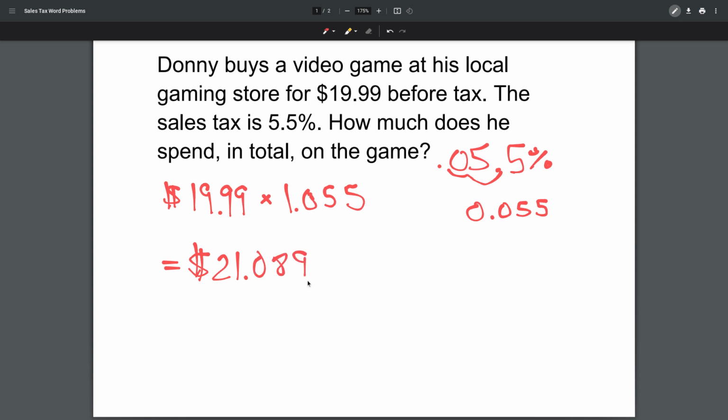And actually we have more digits after that, but I really don't need anything after the thousandths place because we're only going to round to the nearest penny, which is here. So I only need the number after it. Since this number is a 9, it's greater than or equal to 5. To the nearest penny, which is how you should put money, it's $21.09. So in total, he's going to spend $21.09.